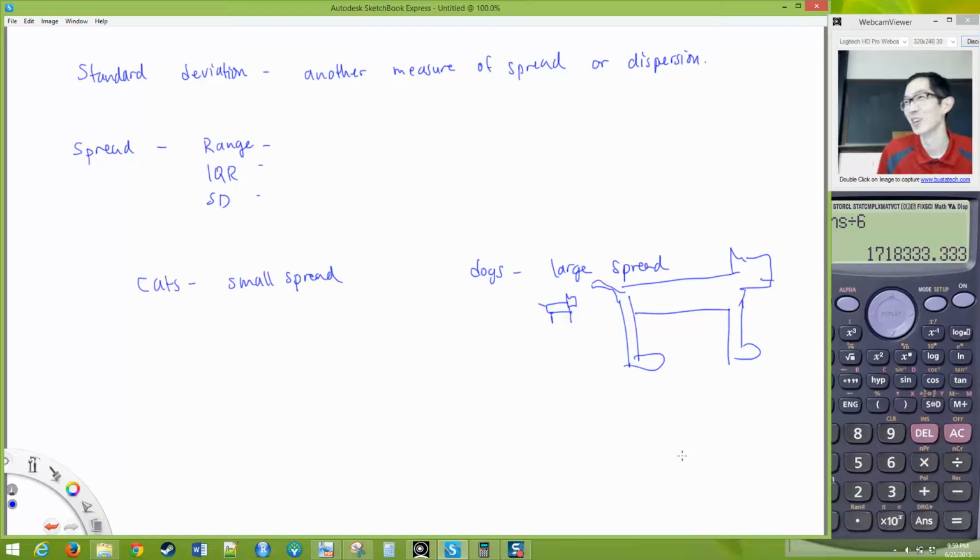Black and white dogs. Okay, but cats, you know, the little cat is going to be like this big, and then a big cat is going to be like the same size, right? Okay, these are terrible pictures.